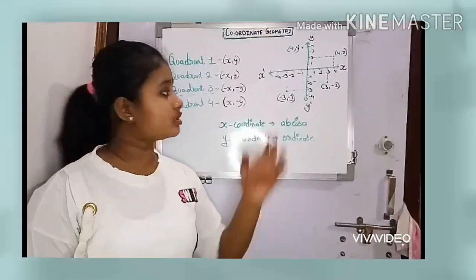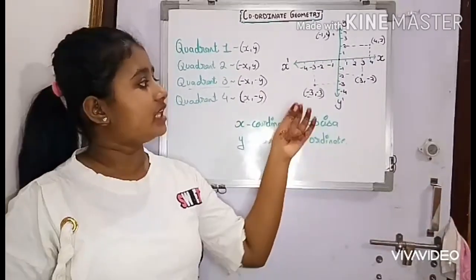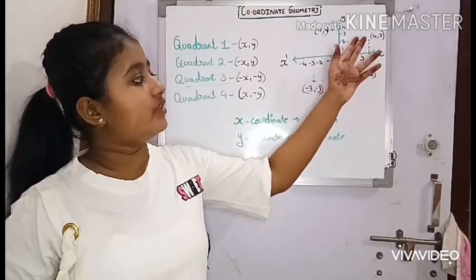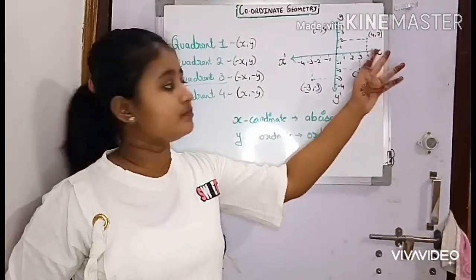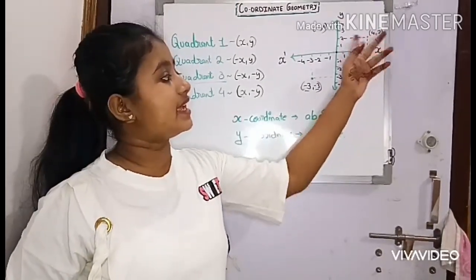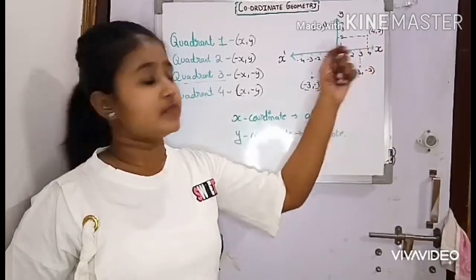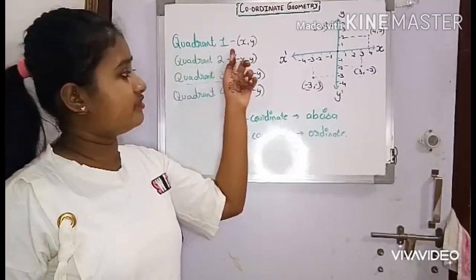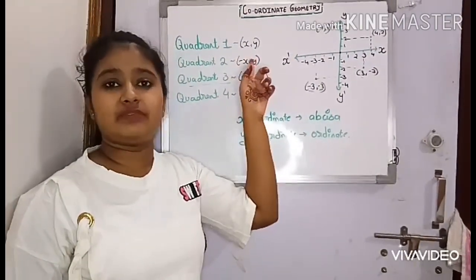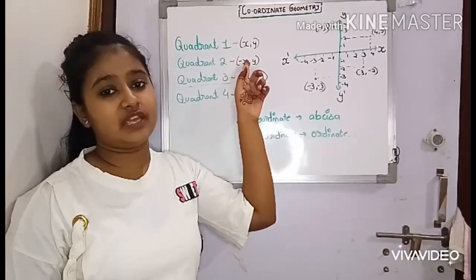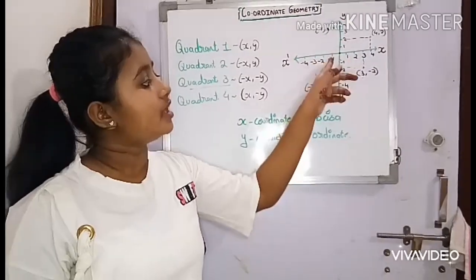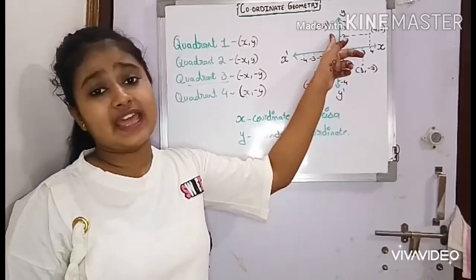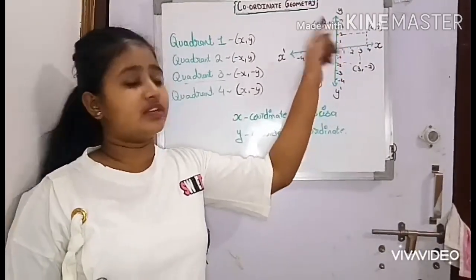Now we will start with the quadrant terms. In quadrant 1 we have 4, 2. It means both terms are positive. Here 4 is for x and 2 is for y. So quadrant 1 has positive x, positive y. In the second quadrant, the point is here: -1 on the x-axis and positive 4 on the y-axis.